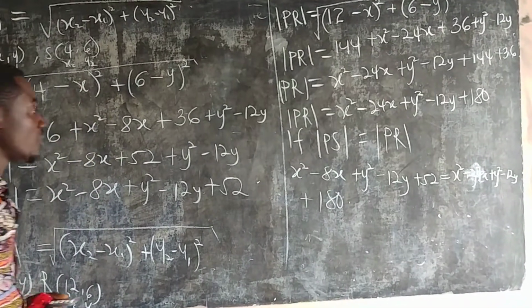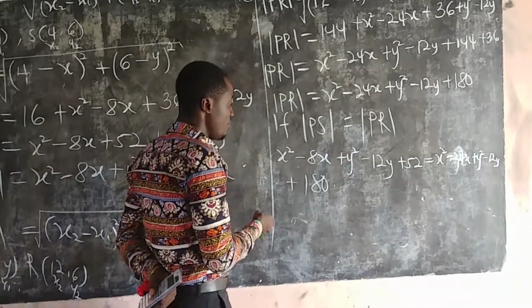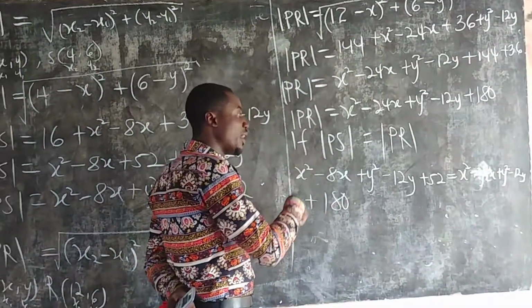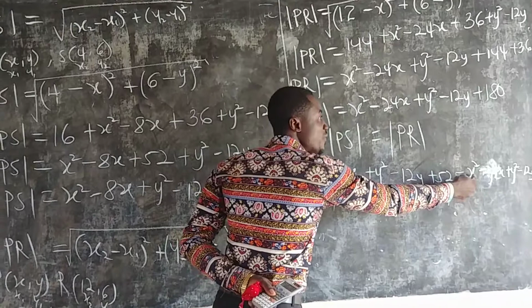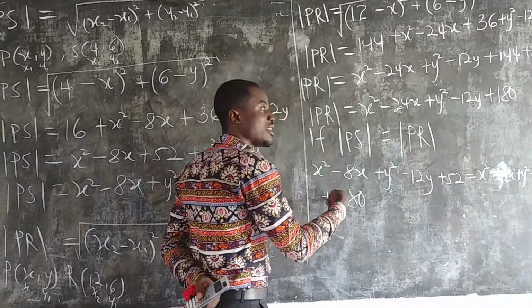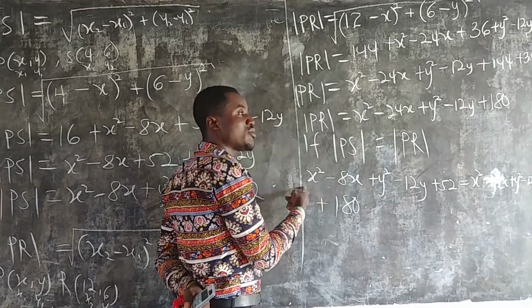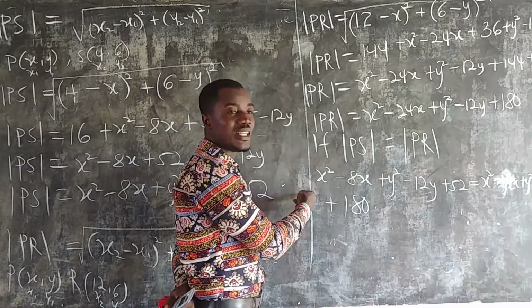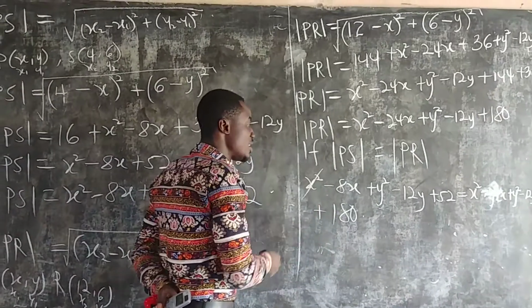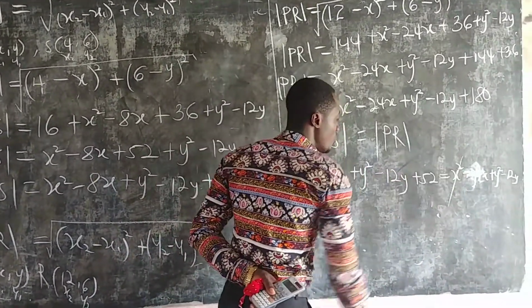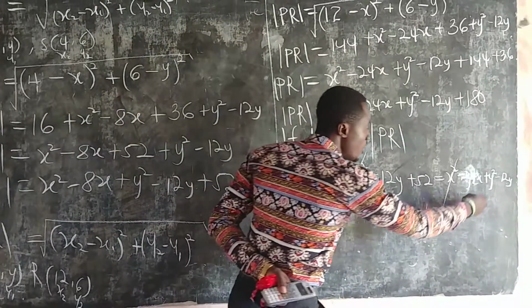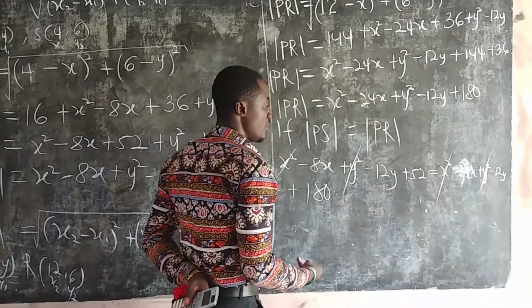Good. Now we have x squared here. If you try to group like terms, the positive x squared at the right hand side of the equation, when it comes to the left hand side, will become negative. So it will neutralize with the positive x squared at the left hand side of the equation. So in brief, this x squared will do away with this x squared. The y squared will do away with the y squared.